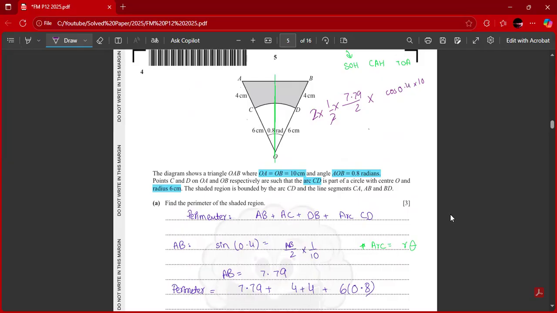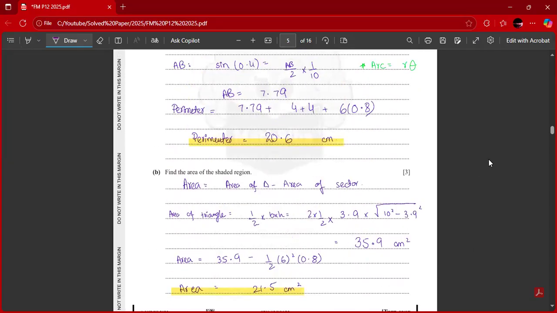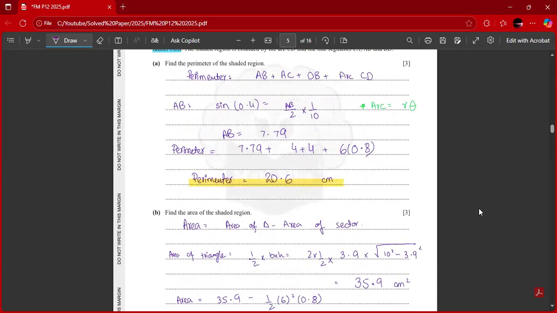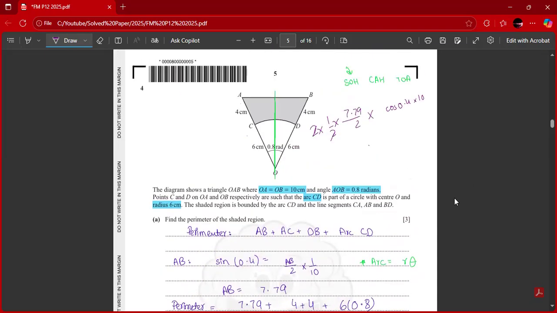Base into height. Oh, I made a mistake. 2 and then multiply by 10. 35.8. Yes, 35.9. We get it right.